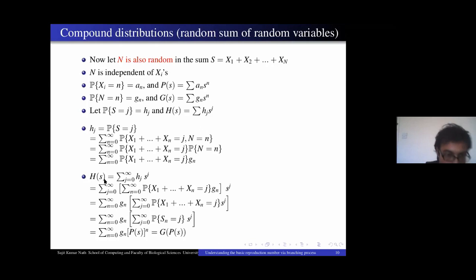Now what is the generating function of S? By definition, the generating function of S will be the summation over j of hj times s to the power j, right? Now if I replace the value of hj here, I need to sum over j, this summation is kept intact, and inside this bracket I have put the value of hj, and s to the power j is multiplied and summed up.